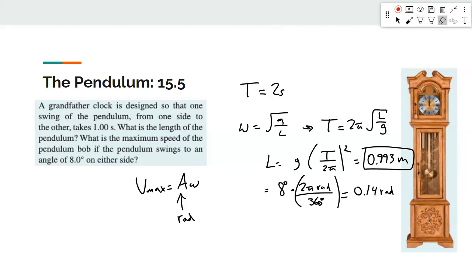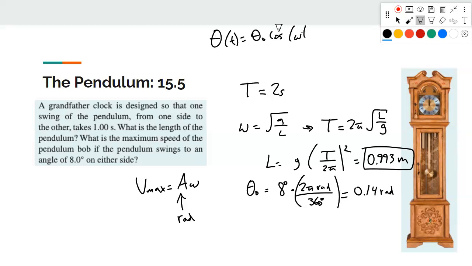This gets us our theta naught, 0.14 radians. So if we wanted to write theta of t equals theta naught cosine omega t, this is the value we would use for theta naught.